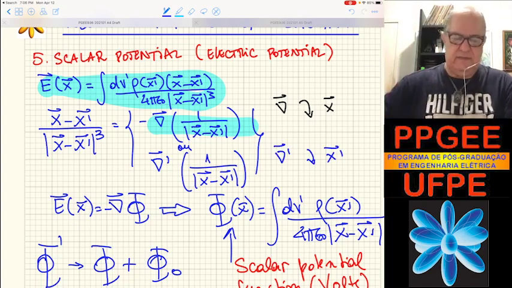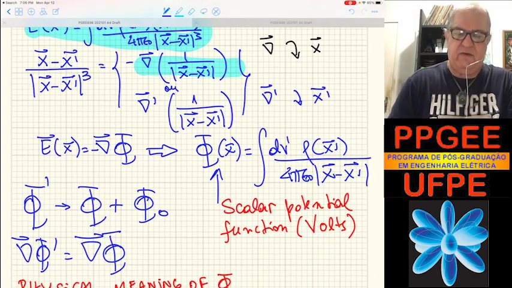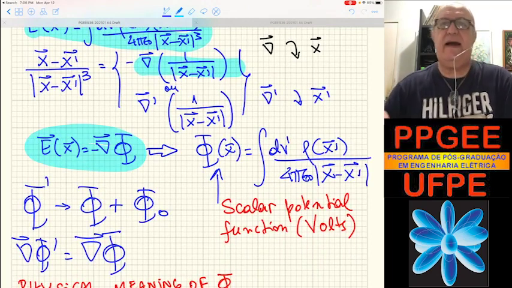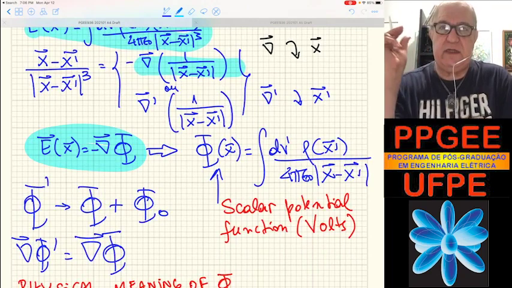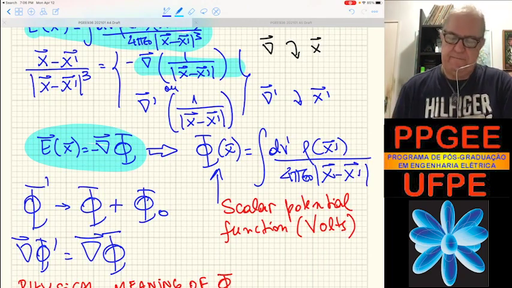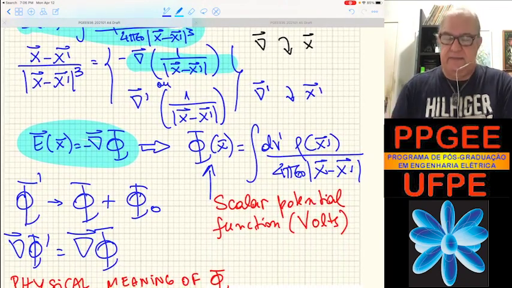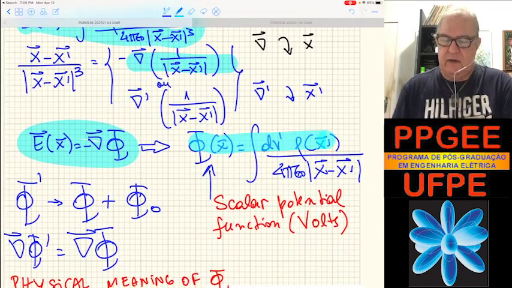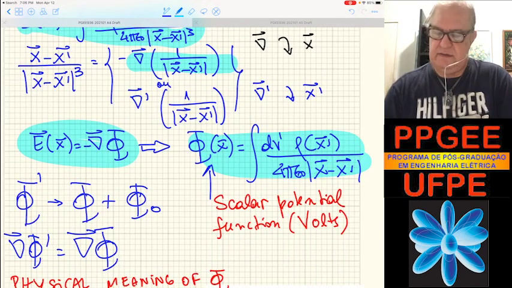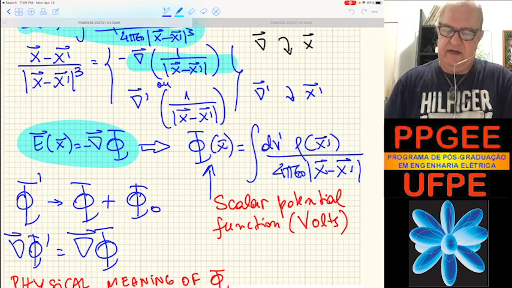So we showed by doing that the E field could be written as the minus gradient of a potential function, and the function is simply this scalar integral over the volume of charges. It has a very simple expression.